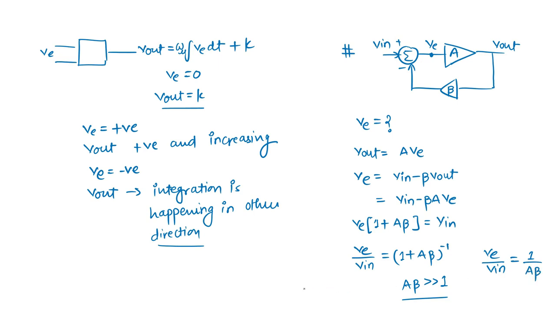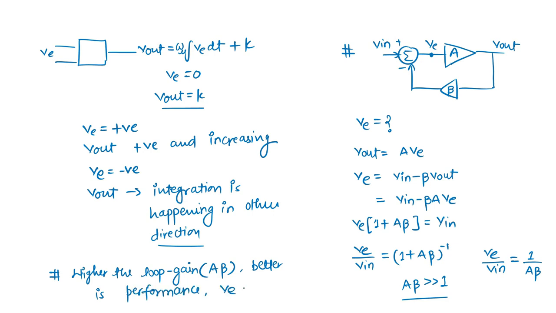So the higher the loop gain A beta, the better the performance, because the error is minimized. If the error is minimum, then we can say it is performing in a better way. Ideally, there should be no error. Ideally, this error should be zero.